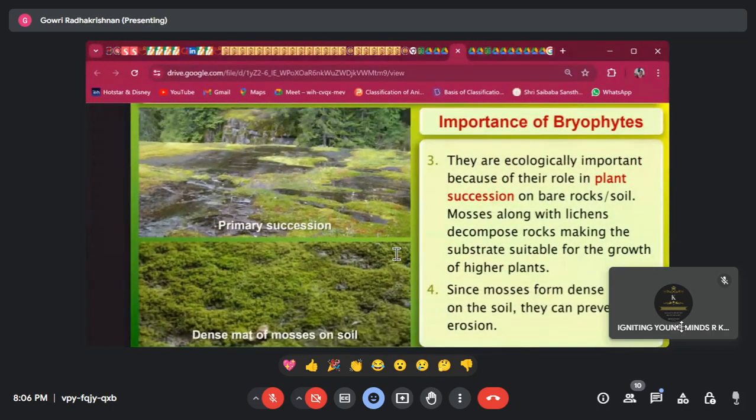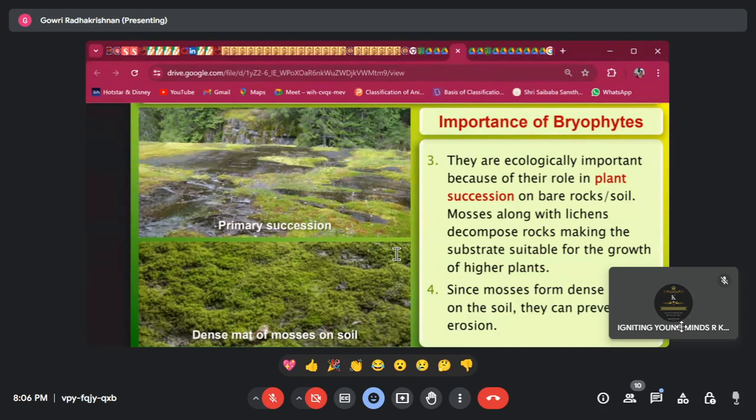They are ecologically important because of their role in plant succession on bare rocks. This is the initial level: after algae, bryophytes are the initial stage. Once the bryophytes start coming in a place, it means vegetation is starting to grow.